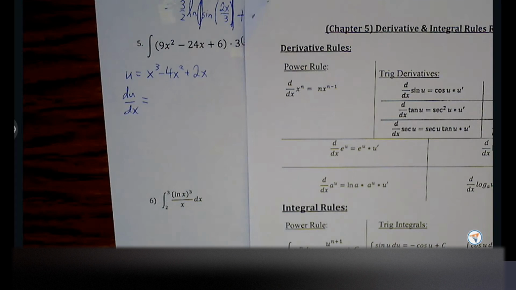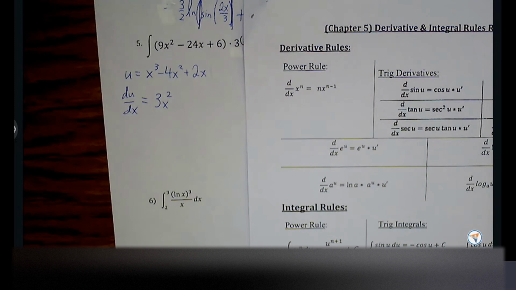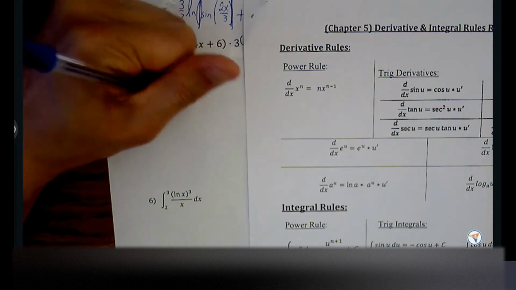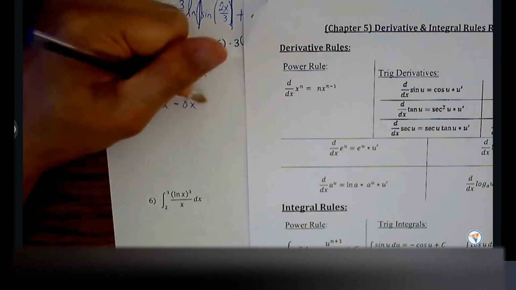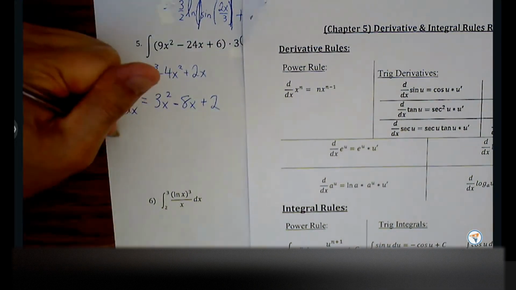So you find the derivative of that. It'd be 3x squared minus 8x plus 2.